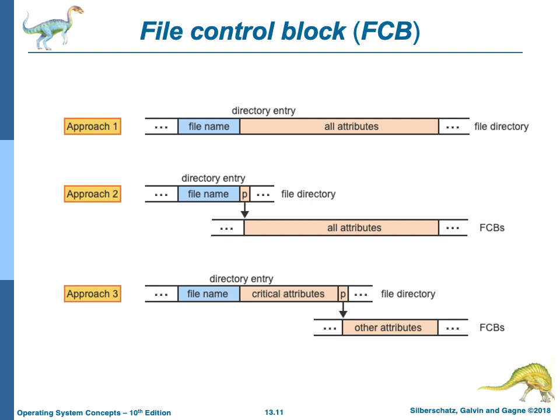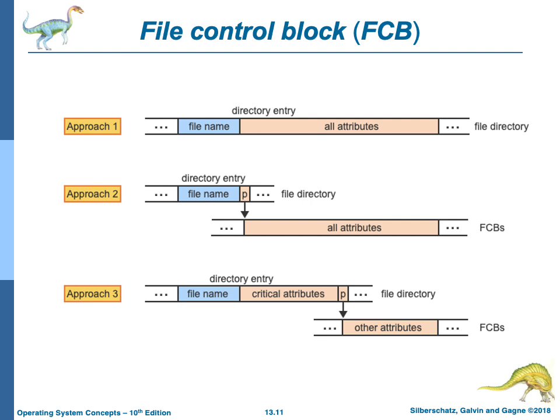Another alternative is to only keep the file name in the directory, in addition to a pointer that points to a separate data structure that has all the other file attributes. We're going to talk about that data structure in a second.